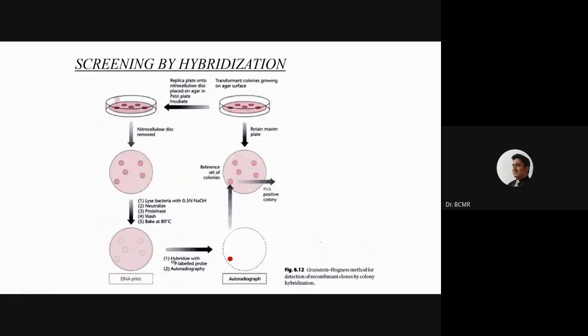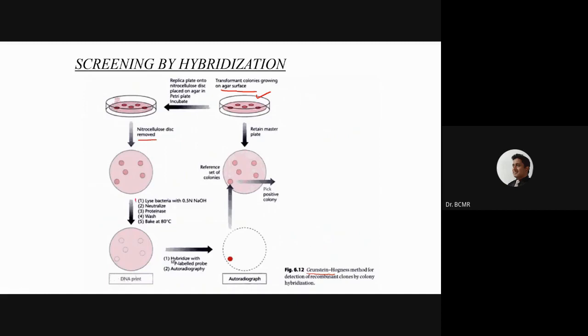We don't have to memorize all this stuff, but the complete process is given here. This is the plate consisting of the genomic library. One has made a replica plating and then transferred onto the nitrocellulose disc.